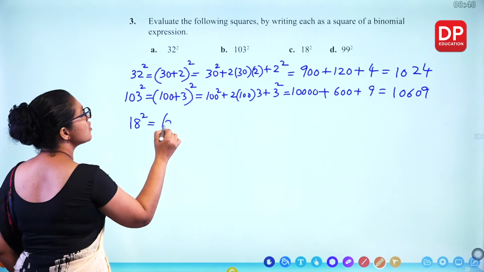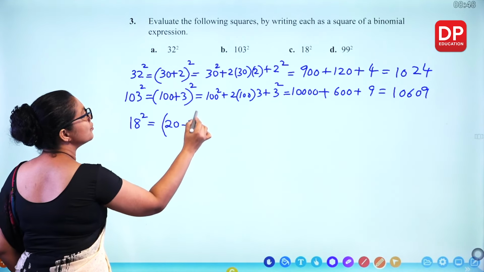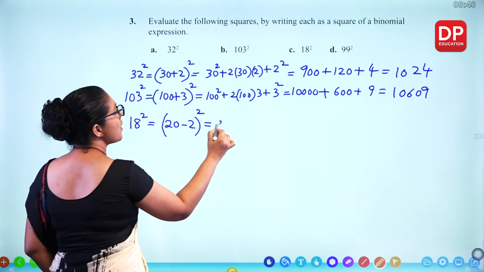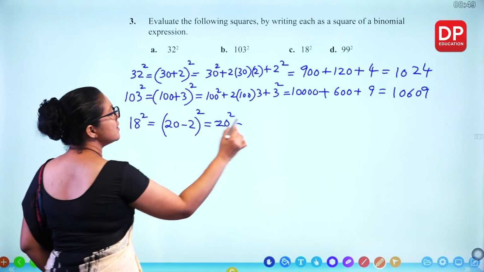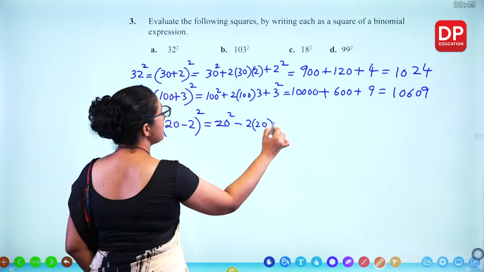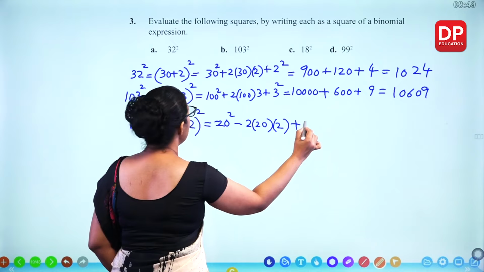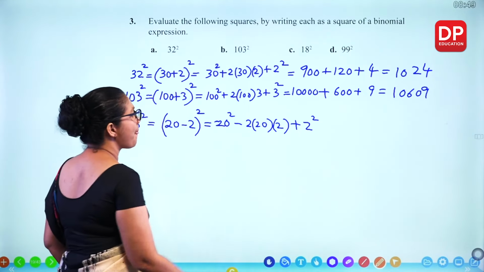What's 18 squared? How can I write 18 with easy numbers? So I can write 20 minus 2. 20 squared, minus 2 times the first term and the last term, plus last term squared.